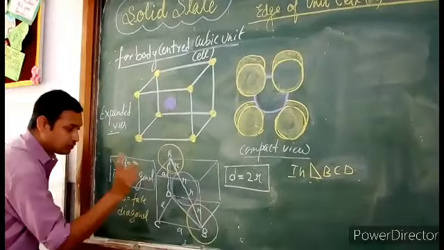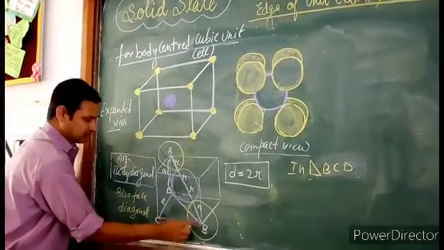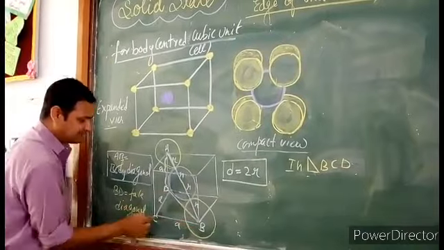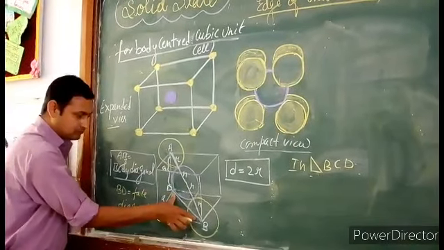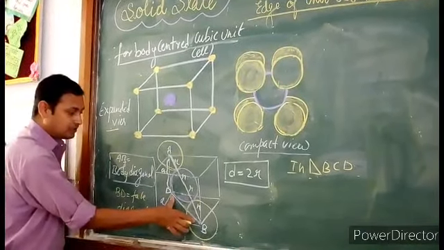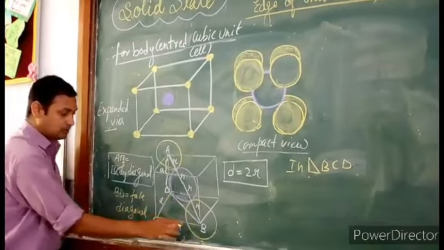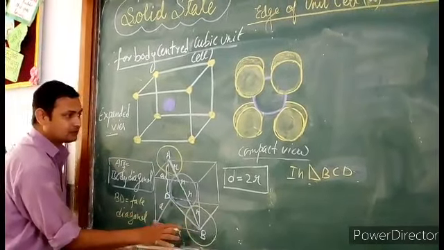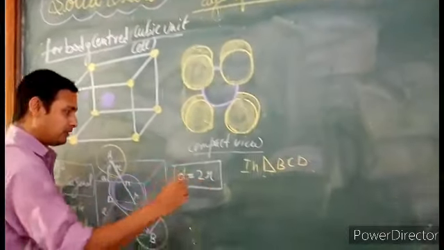According to the Pythagoras theorem, in right angle triangle BCD, the diagonal square equals base square plus height square.